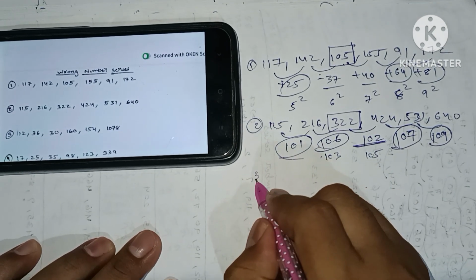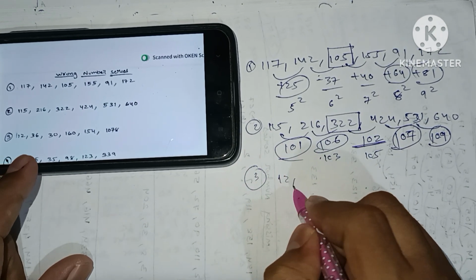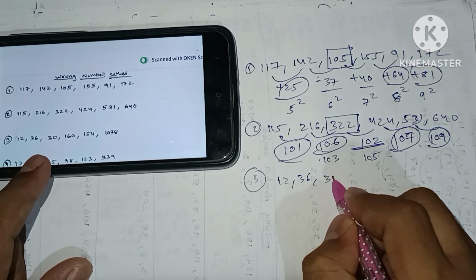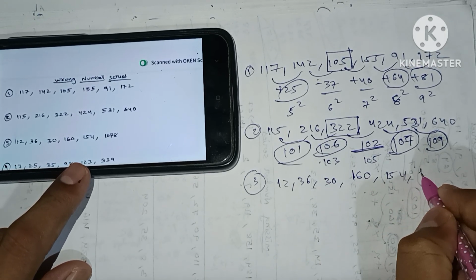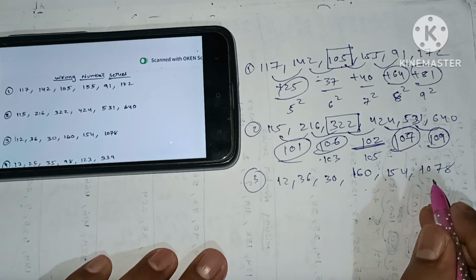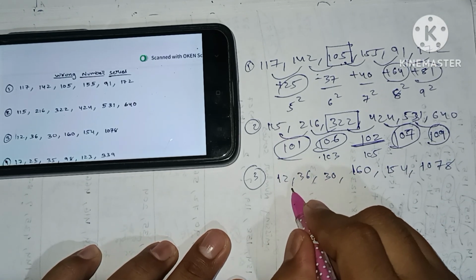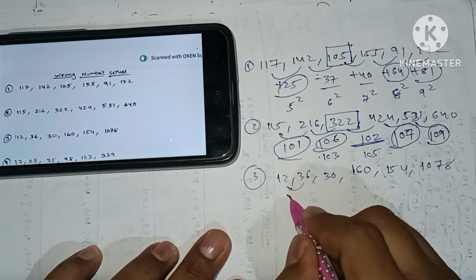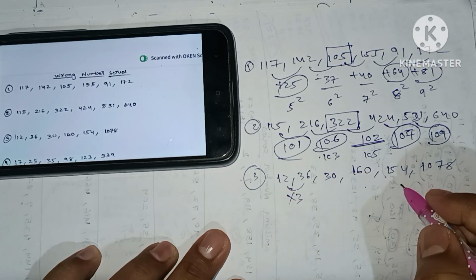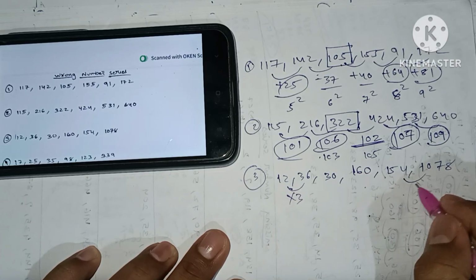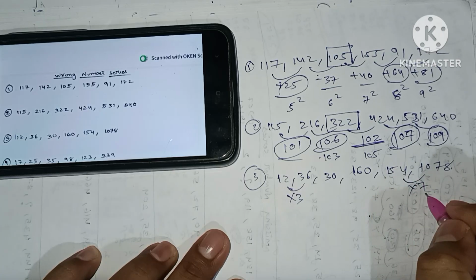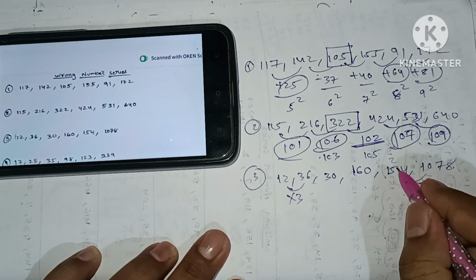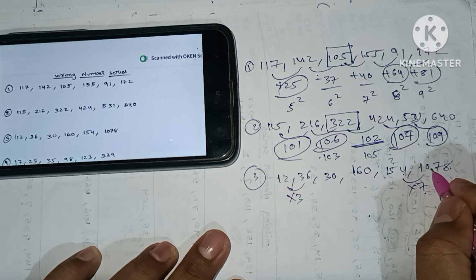Next, third question, 12, 36, 30, 160, 154 and 1078. Here it is clear that this is into 3 times, and here we see this is nearly 4 becomes 8, means 7 times 7, 4 times 28, 15, 7 times 105 to 1078.